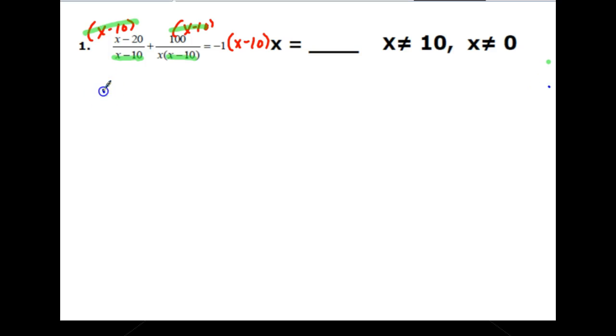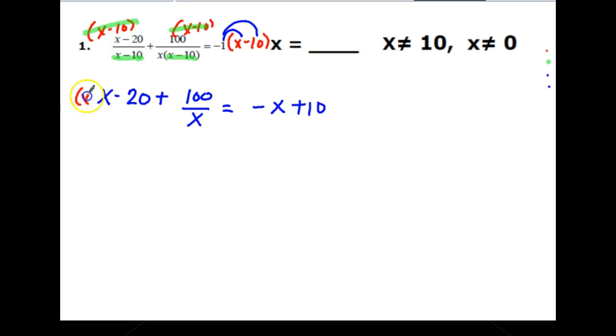So I have an x minus 20 left, plus 100 over the x equals minus x plus 10 when you distribute the negative 1. Now what do I need to cancel? Need to cancel the x, so what do I multiply by x?